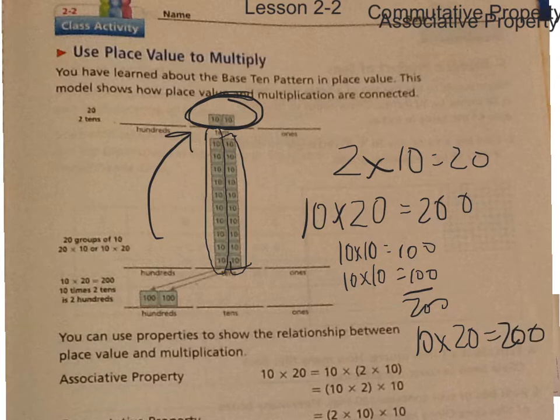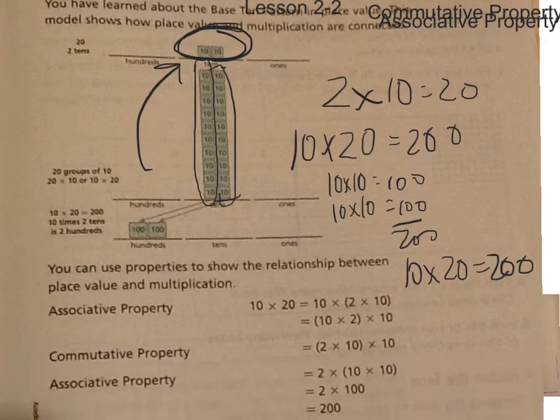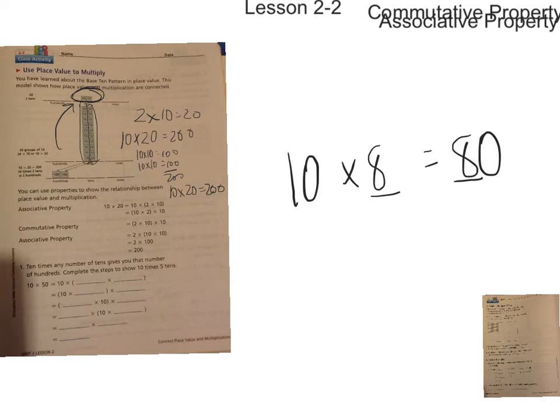The most important thing to realize here is that 10 times any number gives you that number of tens, and 10 times any number of tens gives you that number of hundreds. So 10 times any number gives you that many tens. So 10 times 8 would give me 8 tens, or 80.